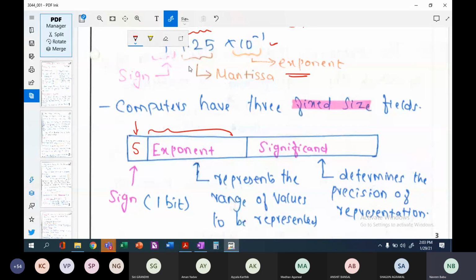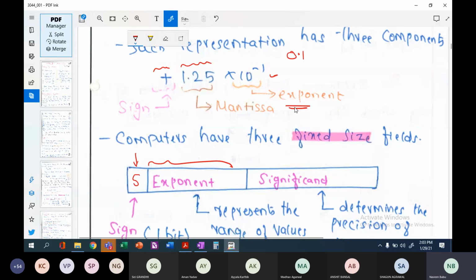And even in the mantissa representation, if you are able to frame a certain standard, such that all numbers will have something like 1 point, or this is in decimals. In case of binary, either you will have 0 and 1, right? So either you can have 1 point something numbers, or you can have 0.1 something numbers, which means that in the mantissa part, so this complete thing is a mantissa part, it is okay for you to represent only the portion after the decimal point.